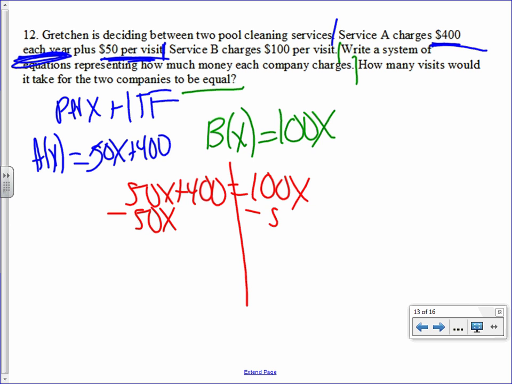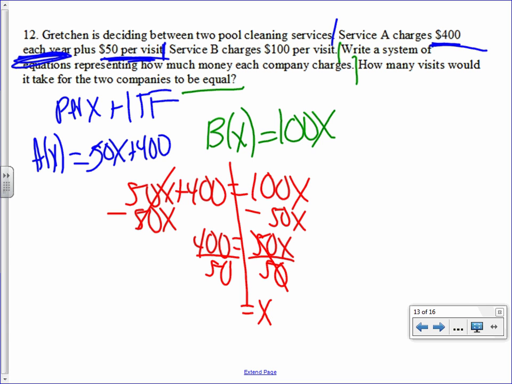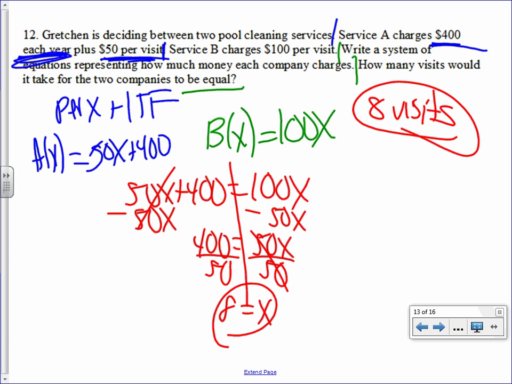Solve the equation. X equals B. You're going to be seeing this per x plus the one-time fee over and over and over. So start getting it right over and over and over.